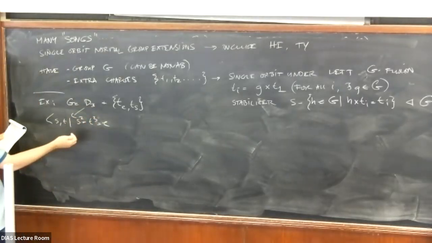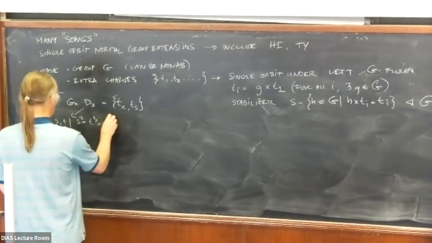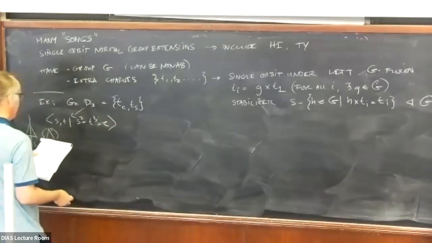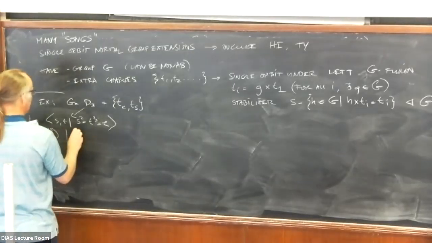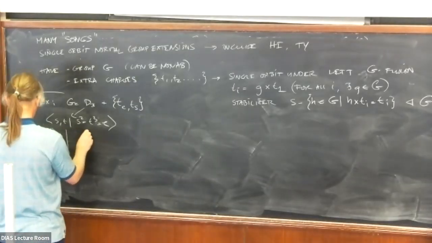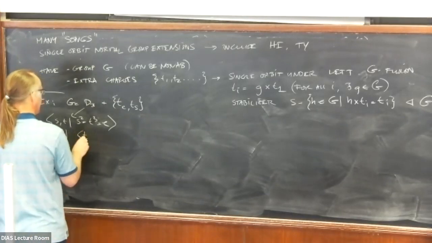So s is mirroring the triangle, and r is rotating the triangle. And this has a normal subgroup, which is Z3, just generated by r.